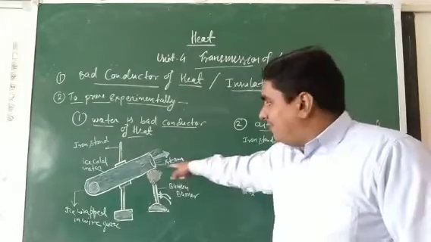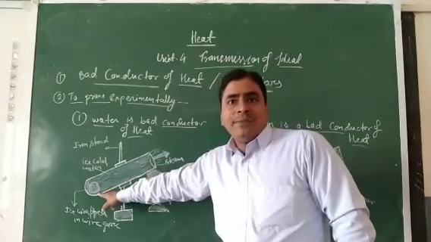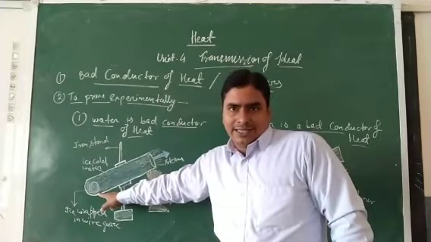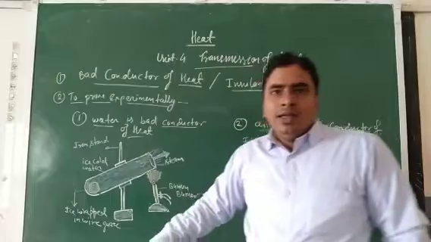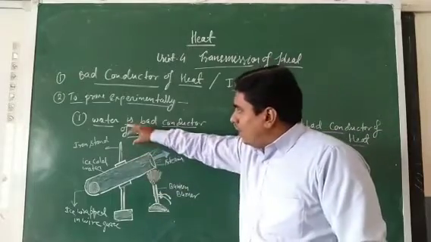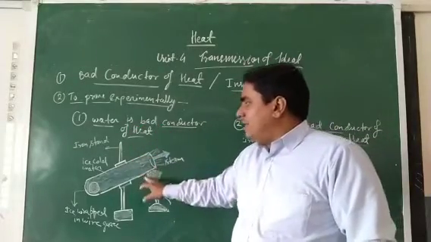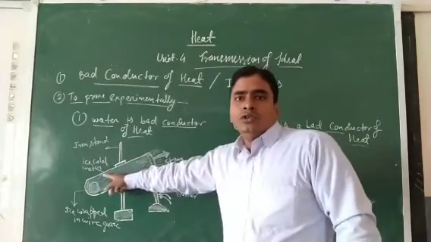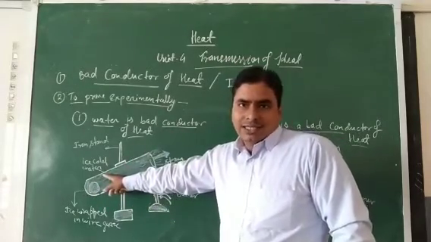It will not affect the ice piece wrapped with the copper wire case. So it proves that water is a bad conductor of heat, meaning water does not allow heat energy to flow to the ice cube.